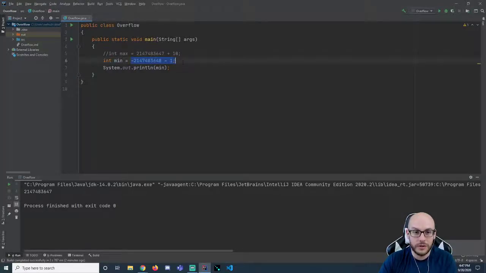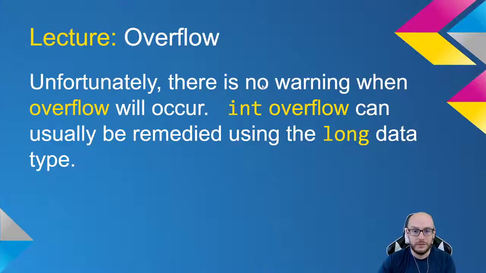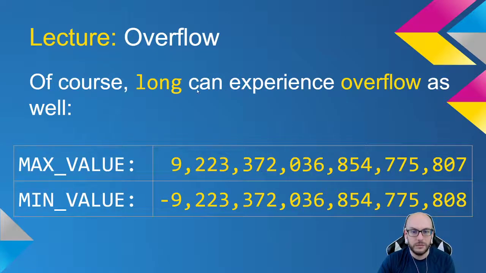IntelliJ is giving me a warning that we're going to have that issue, but there's no compile time issue. There's no runtime issue. It's just the IntelliJ warning. So there's really no warning that overflow will happen. And it can be remedied somewhat using the long data type. With long, it is twice the capacity of an integer. That means it is 64 bits as opposed to 32 bits, okay?